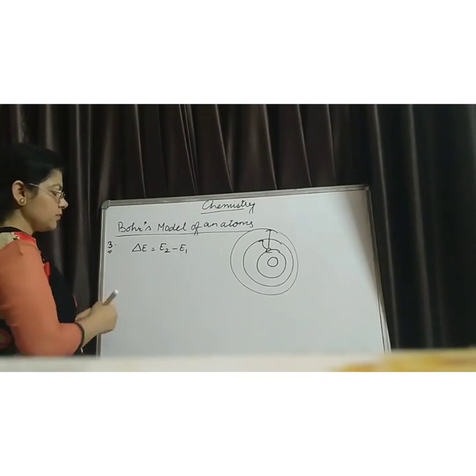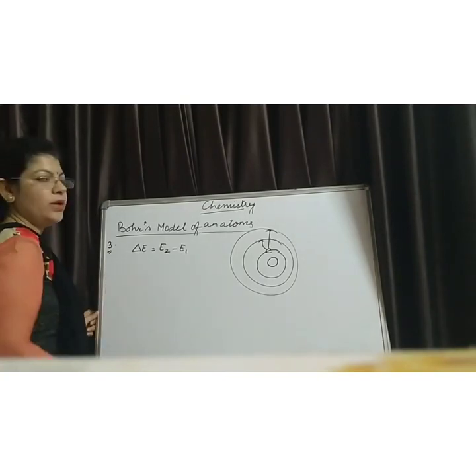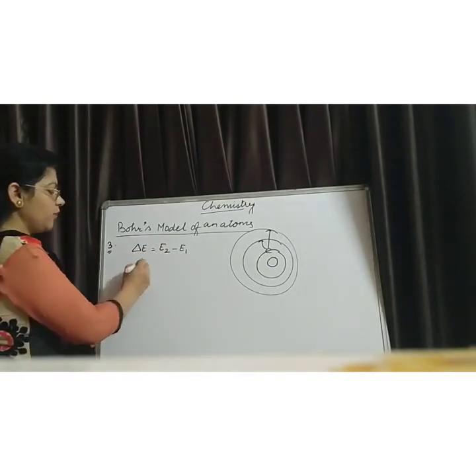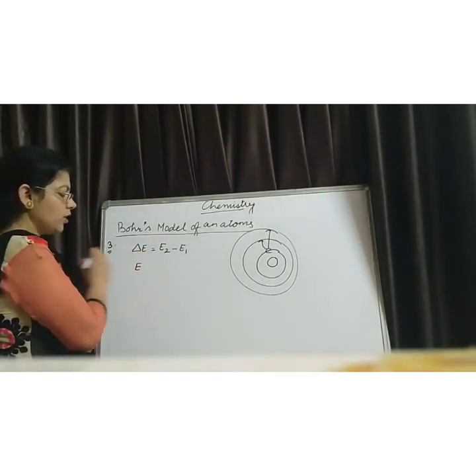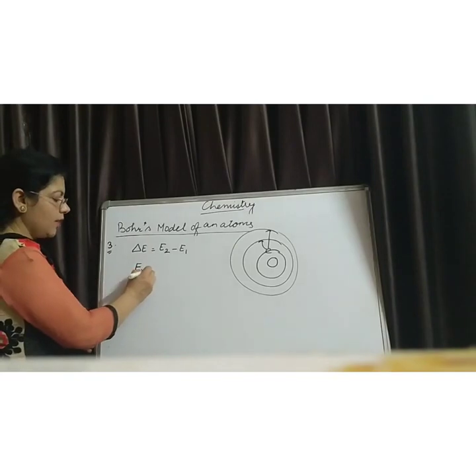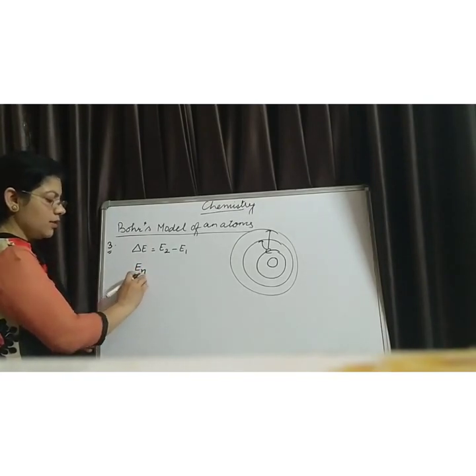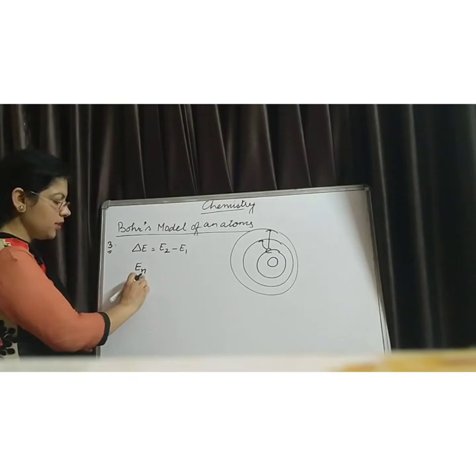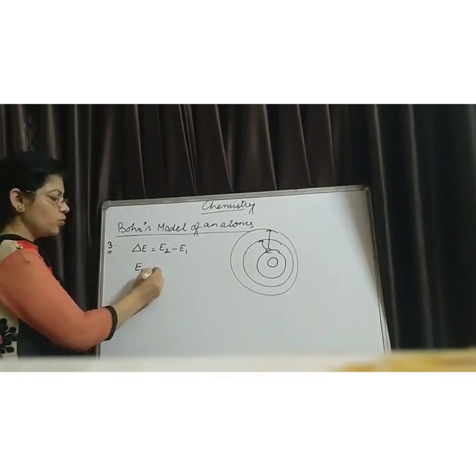Similarly, when this electron loses energy, it comes into the orbit which has lesser energy. We can easily calculate the energy of the electron present in different shells by the formula En, where En is the energy of the nth shell, and the value of n is 1, 2, 3, 4 and so on. If the electron is in the first shell, the value of n is 1. If the electron is in the second shell, then the value of n is 2.